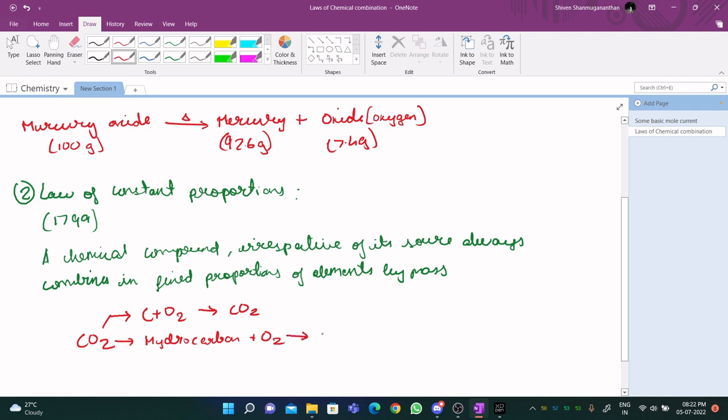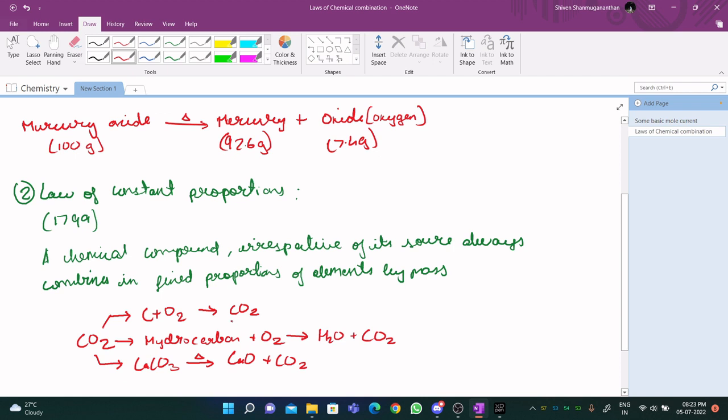We get water and carbon dioxide. And another way of preparing carbon dioxide is you take calcium carbonate and you heat it. Again, this is called a decomposition reaction. You heat it, you get calcium oxide and carbon dioxide.